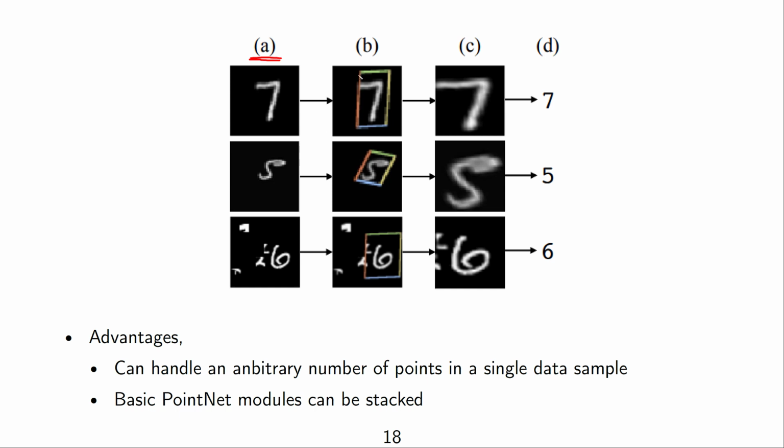So for example, for this 7, the spatial transformer detects that this should be the region it wants to focus on, and it doesn't rotate a lot. So if you look at the output C, it's mainly a version of the input shown in A here.